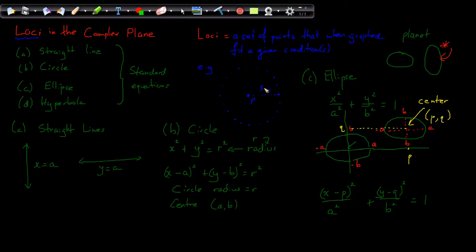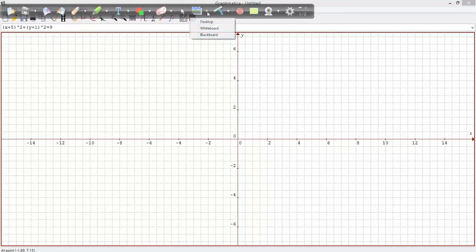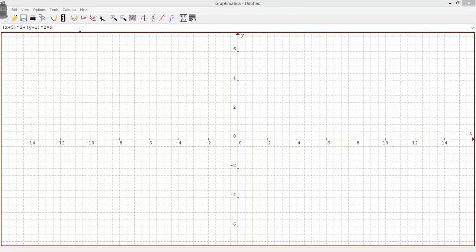That'll do for now, but we'll just swap back and have a look at some graphs of this on that program Graphmatica. Back to desktop and minimize that. Okay, I suppose we could use this a little bit, just adapt it.